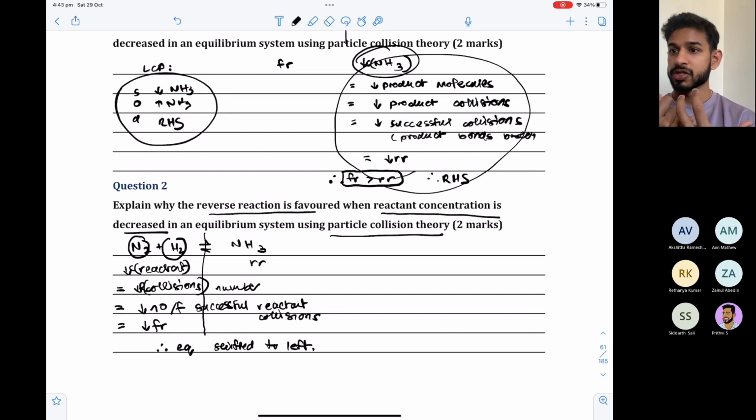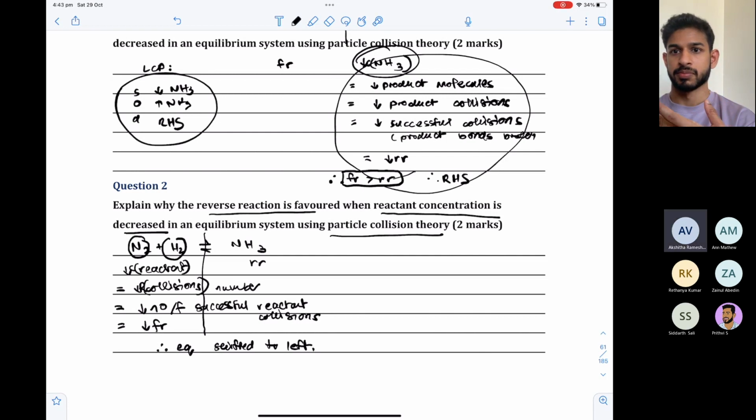When I say reverse reaction rate, I'm talking about the number of molecules of what? Nitrogen, hydrogen, or ammonia? Ammonia. Ammonia, that will then collide with other ammonia molecules to reform nitrogen and hydrogen. Okay, good. So when we decrease the concentration of reactants, what's going to happen to the number of nitrogen and hydrogen molecules?